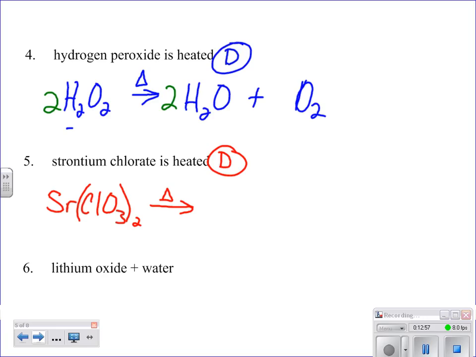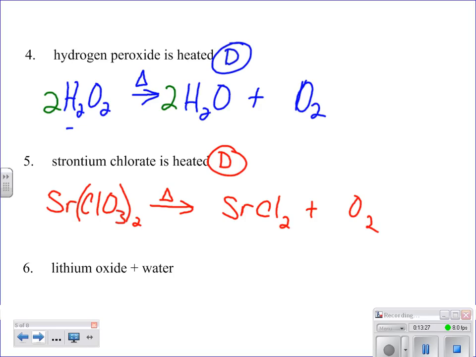Here's the common mistake: people just look at that and go, oh, it's going to decompose, I'm going to make it turn into strontium plus chlorate. That doesn't make sense. So when you look at it, where do you find the number 1? It's going to form strontium chloride plus oxygen. Strontium chloride, Sr with a +2, Cl with a -1, plus oxygen.